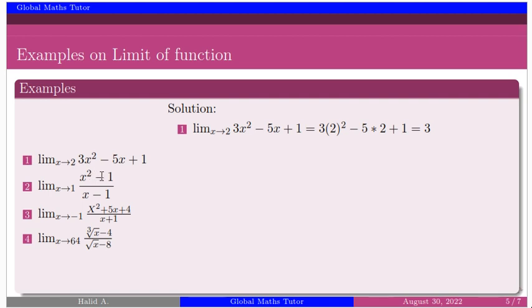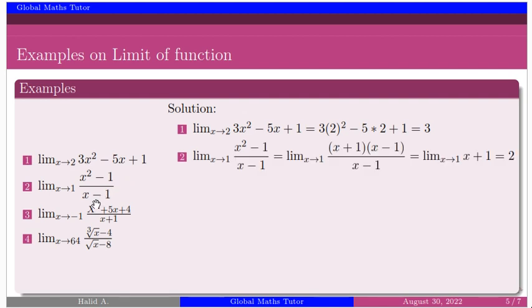Yes, because x squared minus 1 is the same as x minus 1 times x plus 1. So x minus 1 can be cancelled out by x minus 1 and it gives x plus 1. So finding the limit of this one is the same as finding the limit of x plus 1. When we substitute 1 in place of x, we get 2.